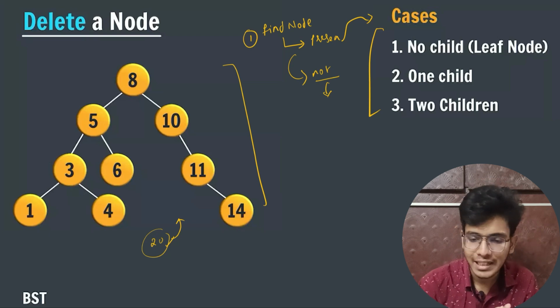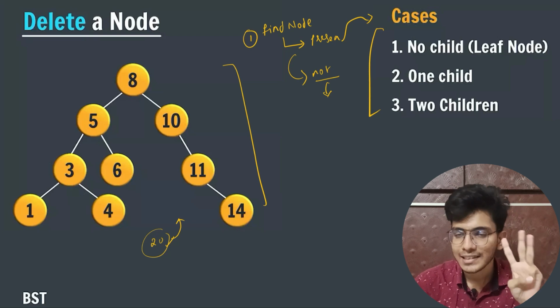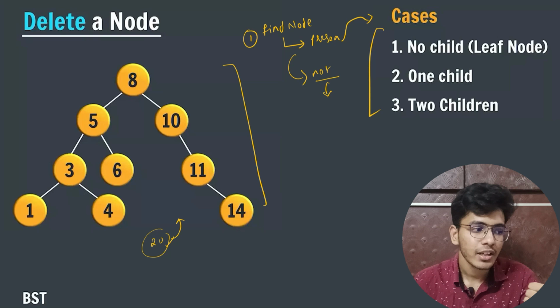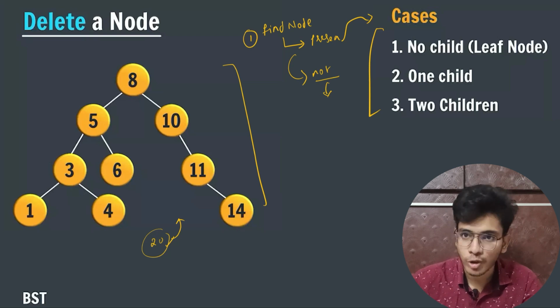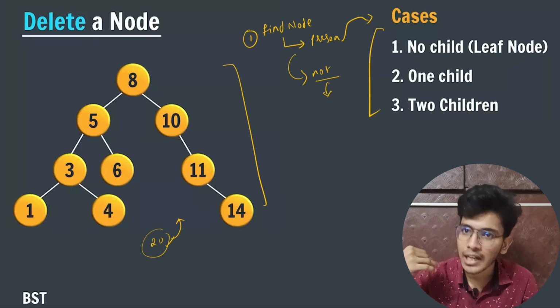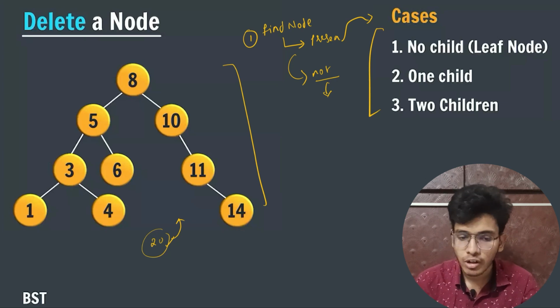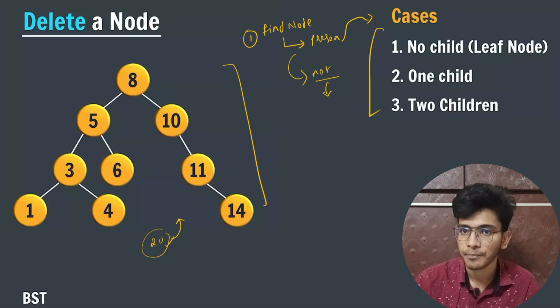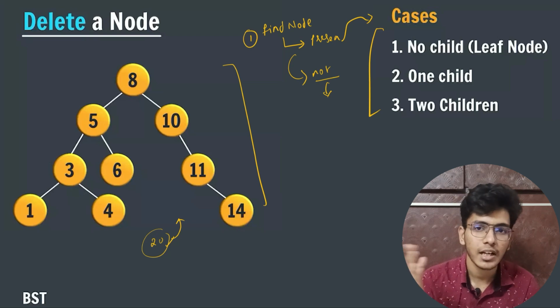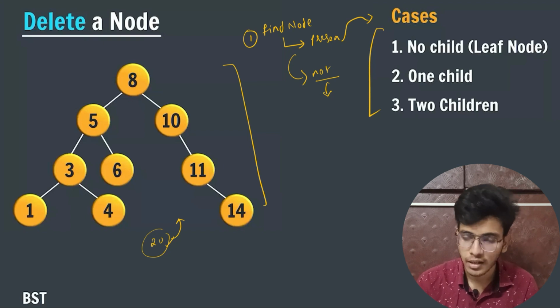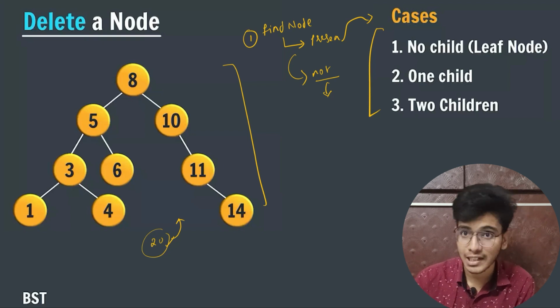Now for deleting, we will get 3 cases. The first case: if my given node is a leaf node, then I will directly delete it. The second case will be if it is having a left child or a right child, then I will get some other conditions.